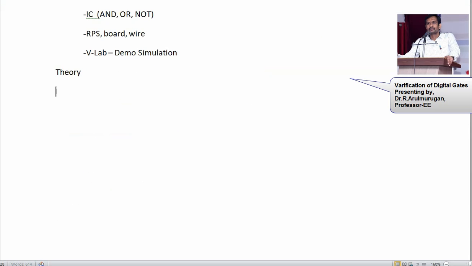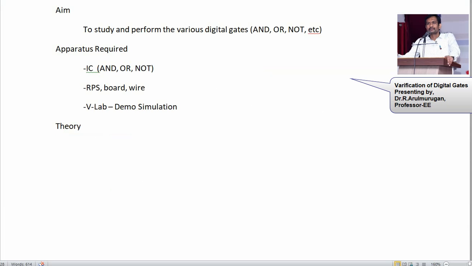That's all. The next one is the theory. You will write about the various gates and explain what digital electronics is. Digital electronics is nothing but a numbering system.